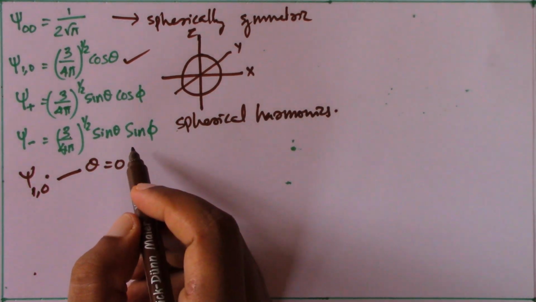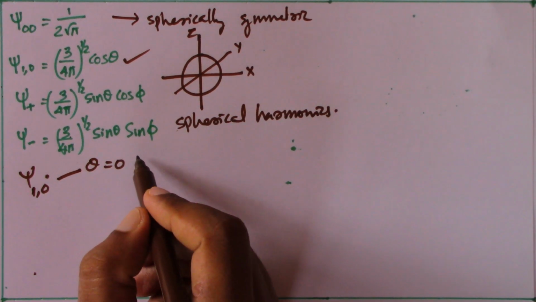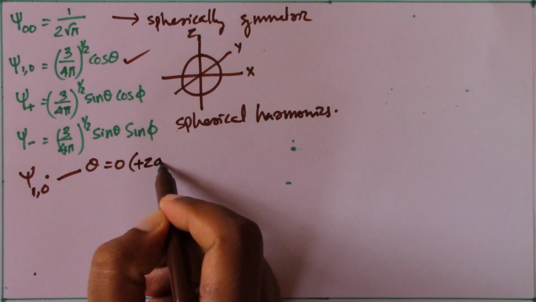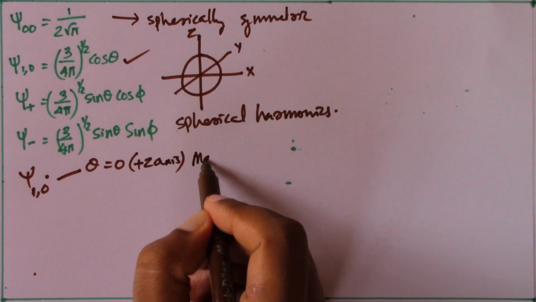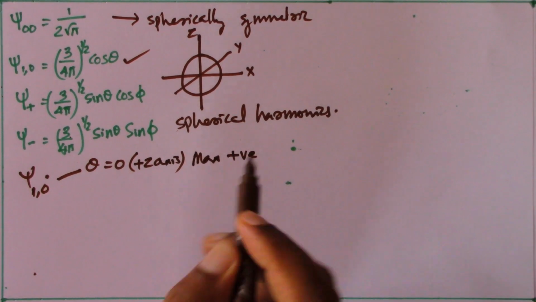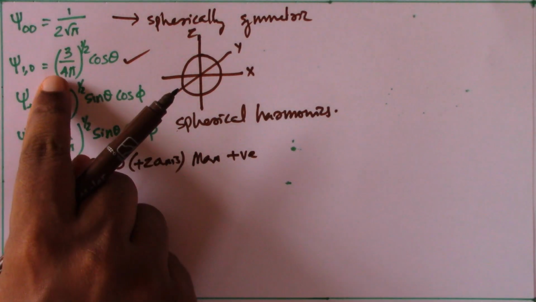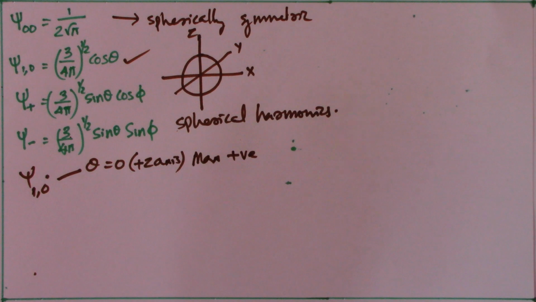So the function gets its maximum positive value when theta is equal to 0, and theta equal to 0 means it is in the plus z axis. What is that maximum positive value? That is 3 by 4 pi raised to half into 1, that is 3 by 4 pi raised to half.